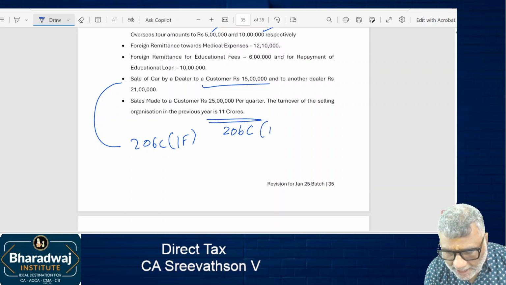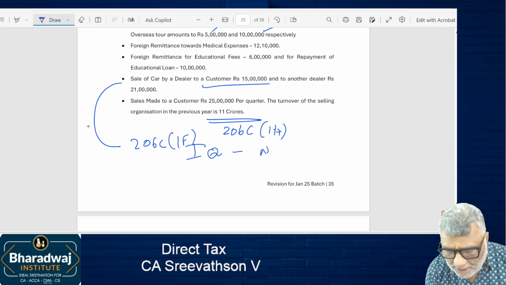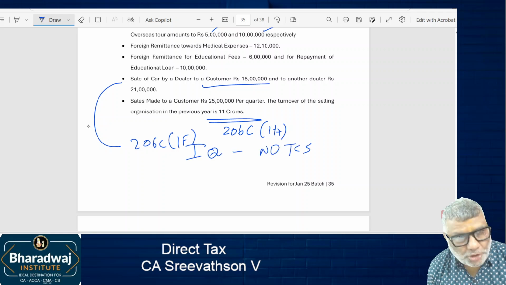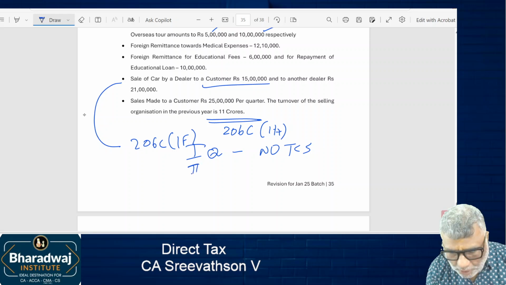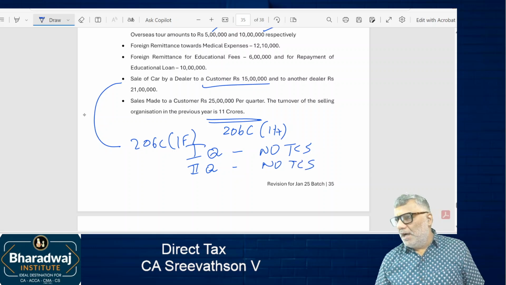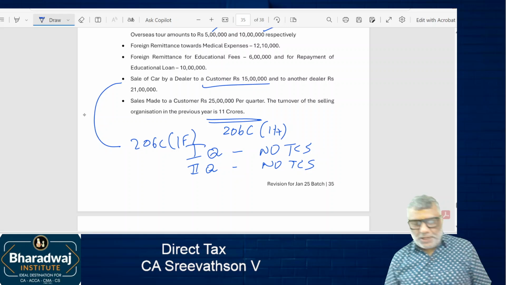206C 1H. My dear friends, first quarter, no TCS, only 25 lakhs. Second quarter, no TCS, because up to 50 lakhs, no TCS.